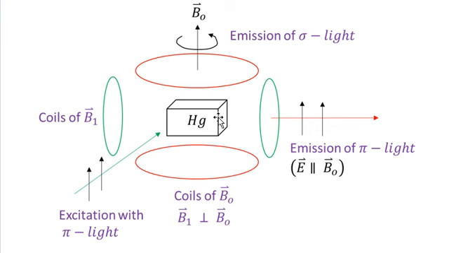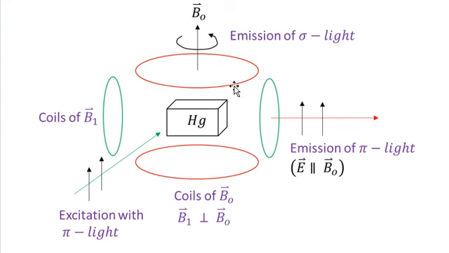Red coils are the electromagnetic coils which generate the magnetic field B0. And then I have another coil which is shown in green, and these green coils generate the magnetic field B1, and the magnetic field B1 is perpendicular to the magnetic field B0.